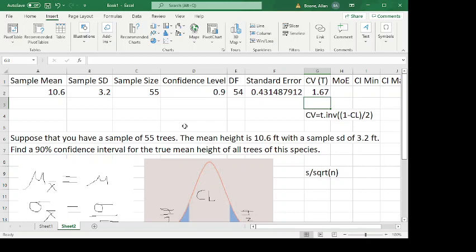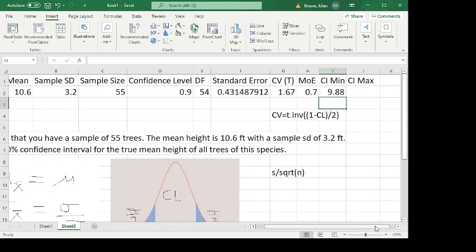And so the margin of error is the 1 standard deviation of error times the number of standard deviations you need to go to capture, in this case, 90%. And then, just like before, the confidence interval is always centered at whatever your sample statistic is. And then you do minus the margin of error and plus the margin of error.